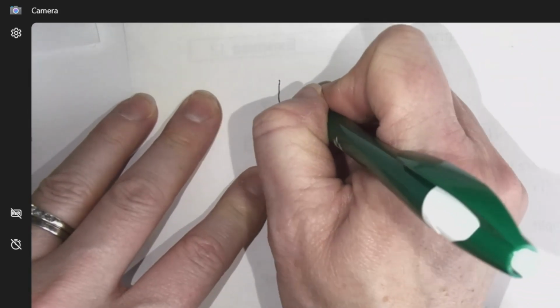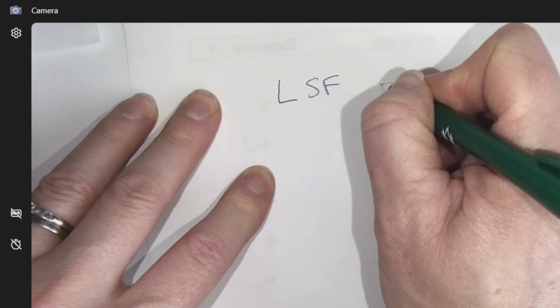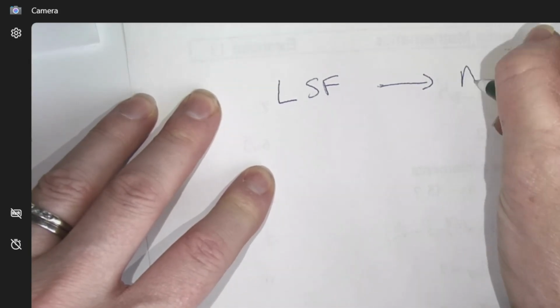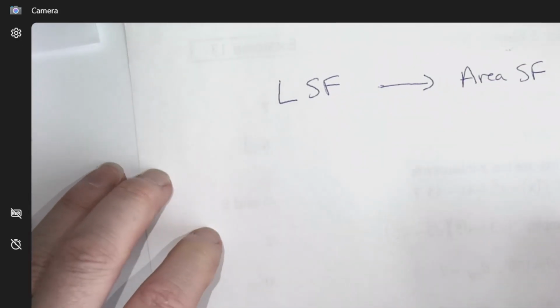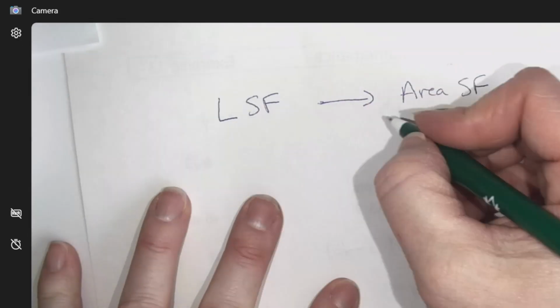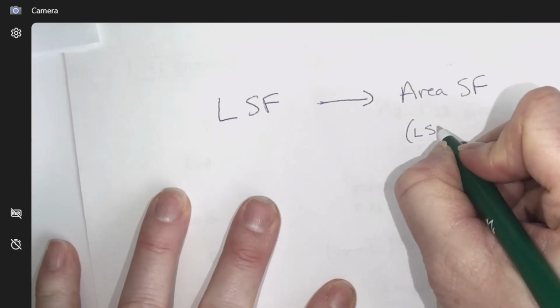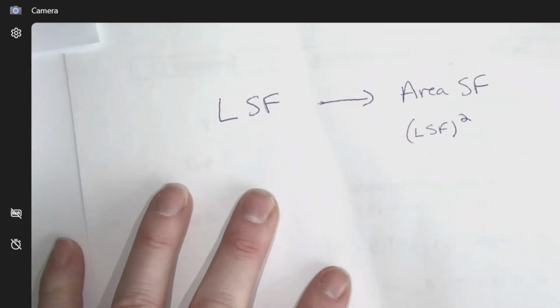Okay, so if you want to go from a linear scale factor to an area scale factor, you would do the linear scale factor squared.